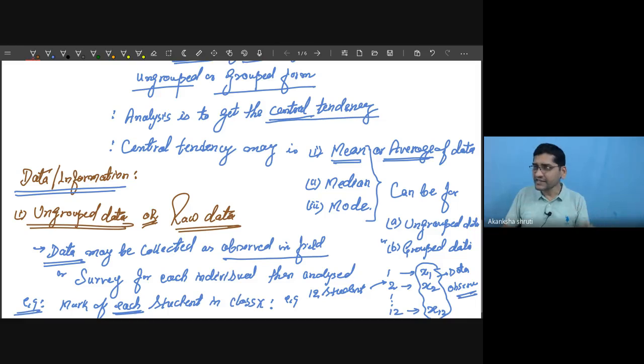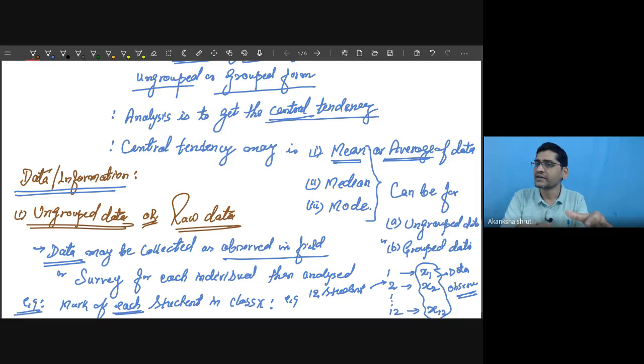Raw data or ungrouped data simply means for each individual we have certain data. Say, the marks that I write for each of you are raw data for me. From that, I calculate the average marks and say that my students are getting this much percentage of marks in this test.